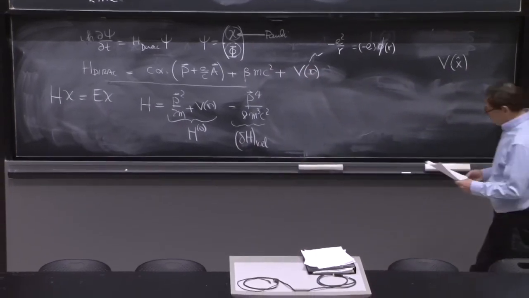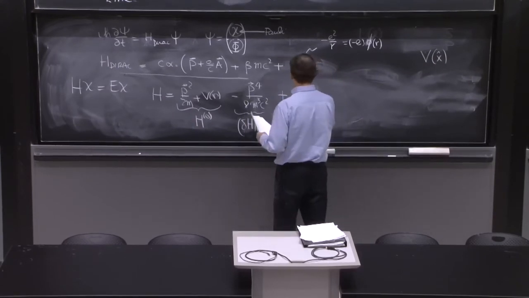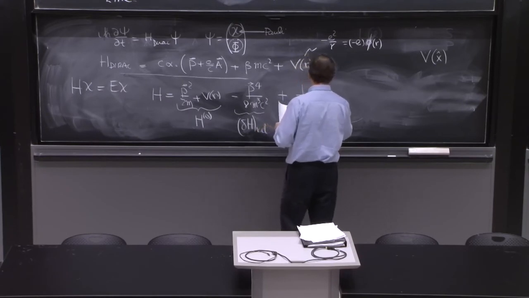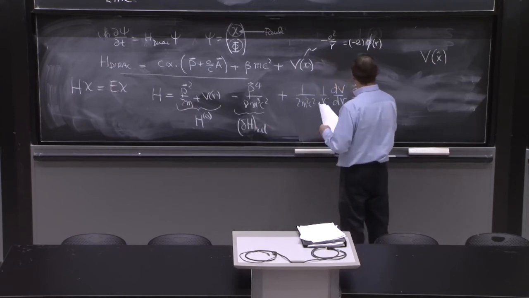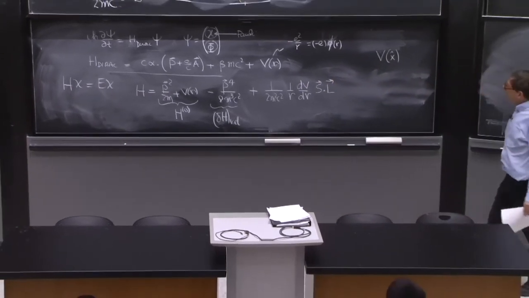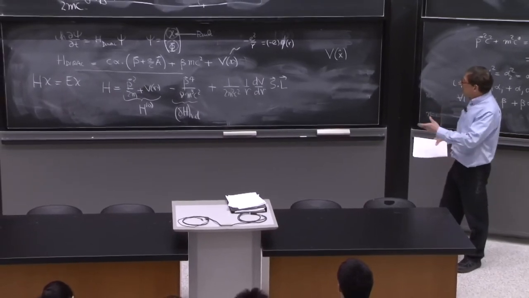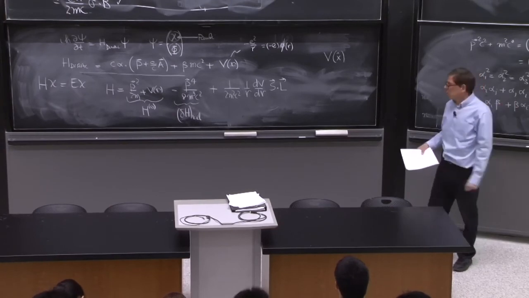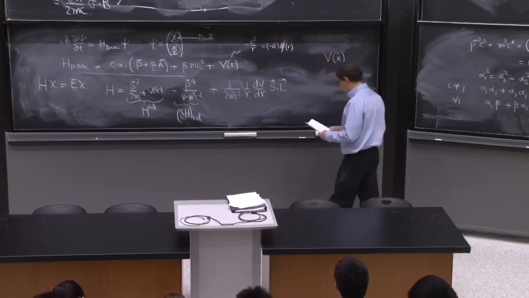And then you get this term that corresponds to spin-orbit coupling that also shows up: 1 over 2m squared c squared, 1 over r dV dr. You've studied this thing and you gave a heuristic explanation for it. That's another term. It's kind of difficult to get the right value by simple arguments. You always get it off by a factor of 2 that is associated to Thomas precession. But here it comes out directly with the right number.